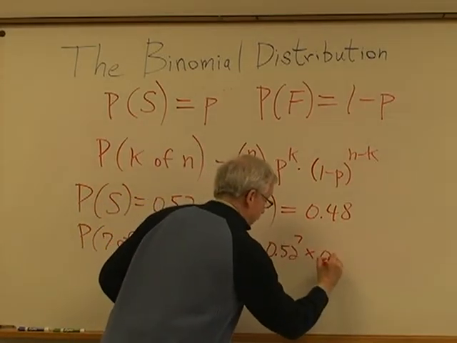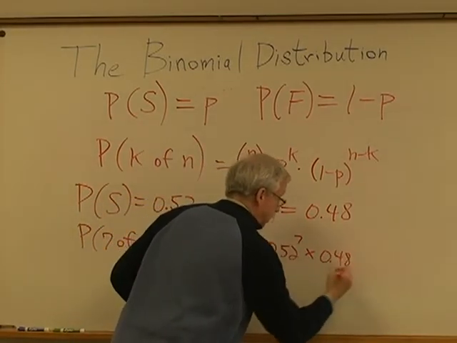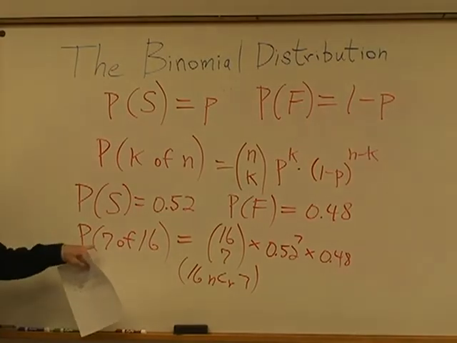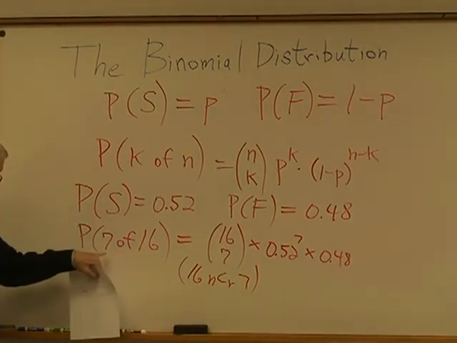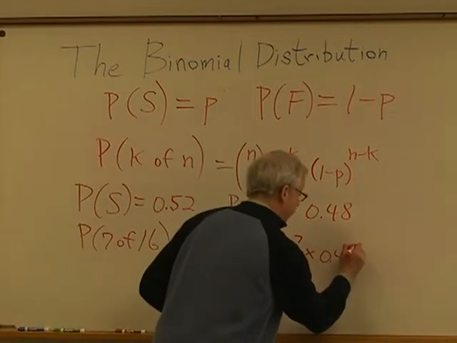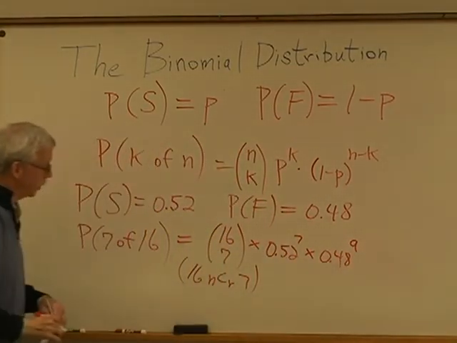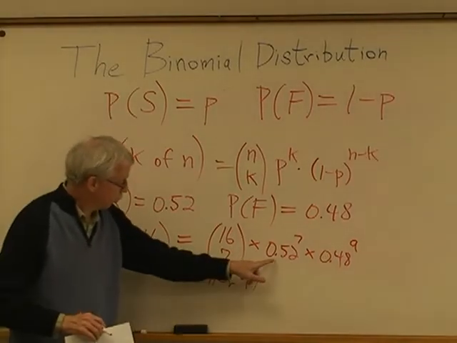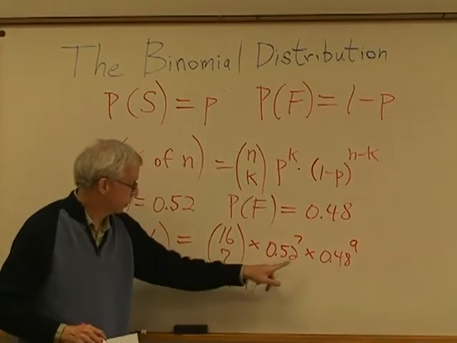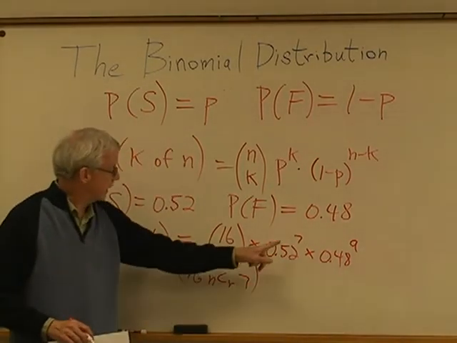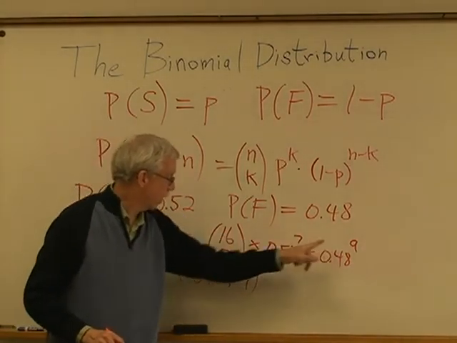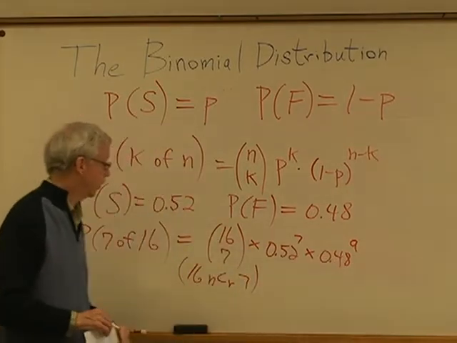Times the probability of failure, 0.48. Well, if I have 7 out of 16 that are successful, I must have 9 out of the 16 that are failures. Now notice something about these numbers. The two probabilities will add up to 1 because it's success and failure. 0.52 plus 0.48 is 1. And the exponents will add up to the number of tries. 7 plus 9 is 16.